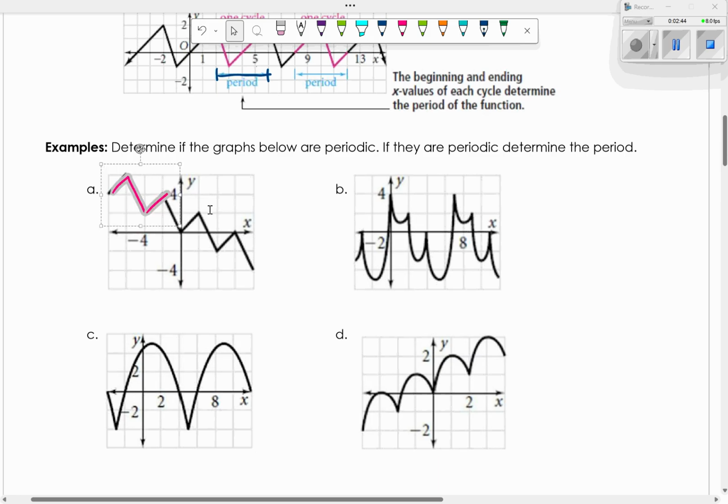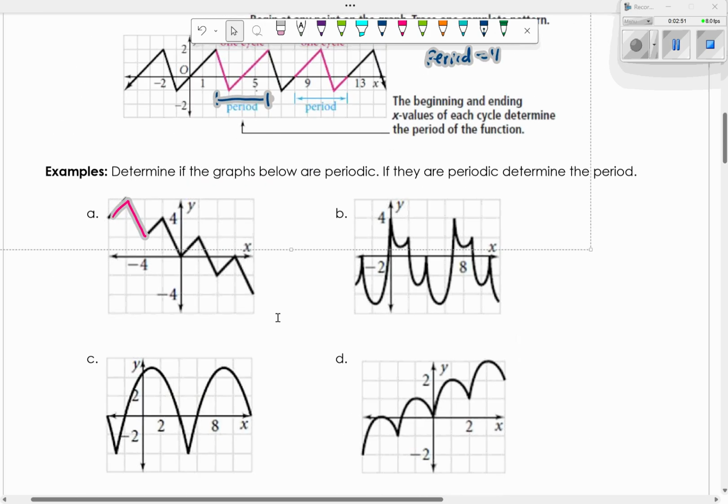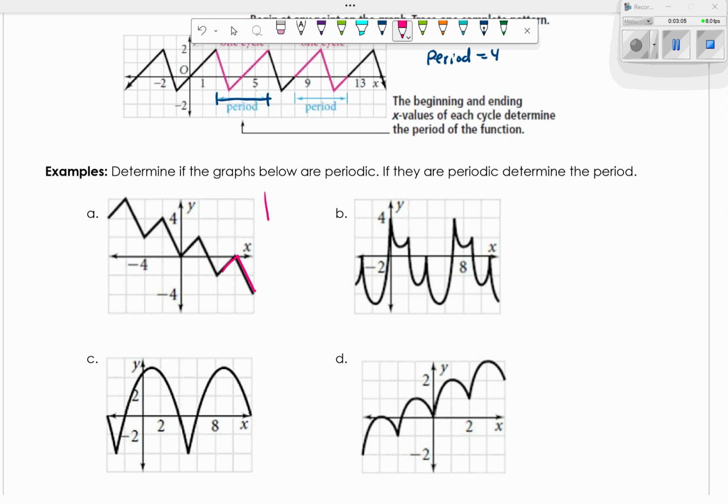We don't want the whole zigzag. We just want this L shape. And if I keep moving that, this would move here, and this would move here, and this would move here. But you have to be careful. We're not moving in a horizontal direction. This is moving vertically, right? So it moves down. So this is not periodic.